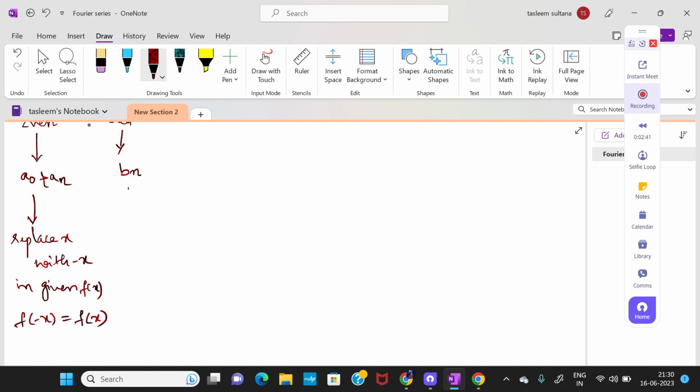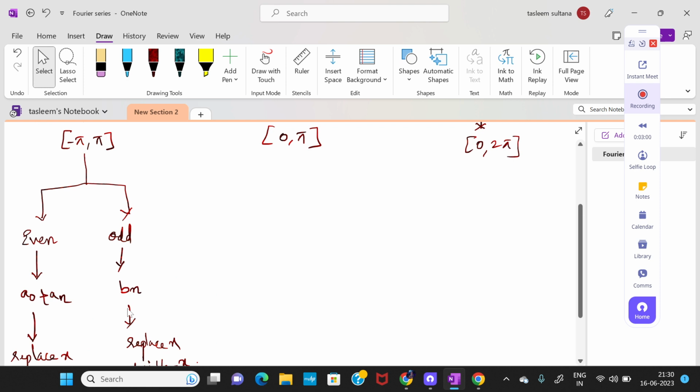In the same way, when you replace x with minus x in the given function and it gives minus f of x, that is f of minus x equals minus of f of x, then you find only bn.